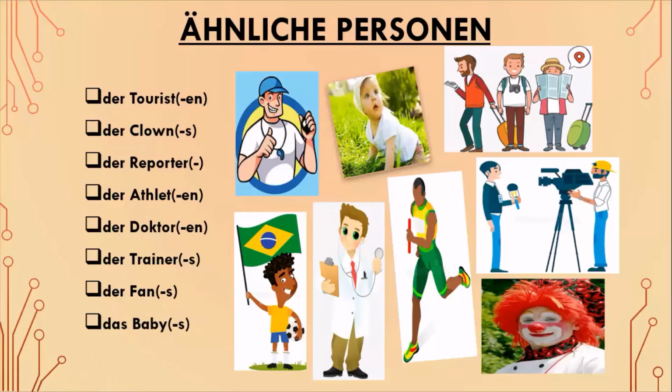Now there are some other words which show similar persons in both English and German languages, and those are professions. Professions in German have some words which are similar to the words for the English professions.